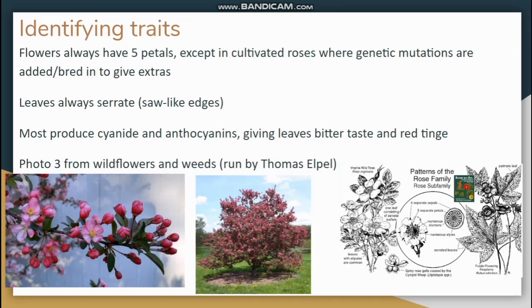The flowers have 5 petals, although there are cultivated roses where different genetic mutations allow for extra petals. It's always in multiples of 5, but you'll get roses where it looks like it's nothing but petal. That is because the mutation for extra petals has been bred in somehow.